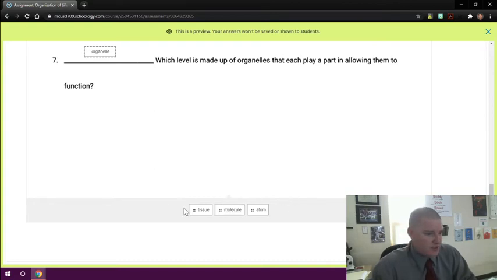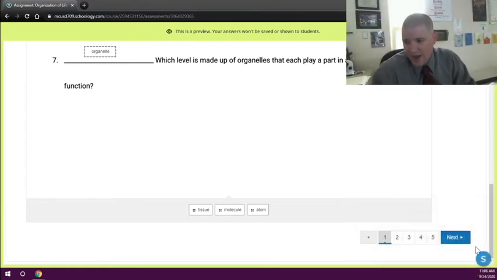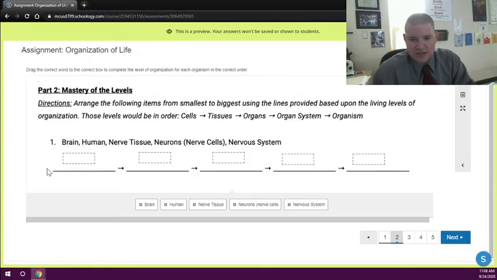Now the key with this one is that there are multiple questions. So I'm going to move myself from the screen here so you can see in the bottom there are actually 5 questions. So that whole first one counts as 1 question. You have 5 total, so you click on next. Here you're going to put in order the organization of different things. So from cells to tissues to organs to the organ system to the organism itself, you're going to drag and drop the order.